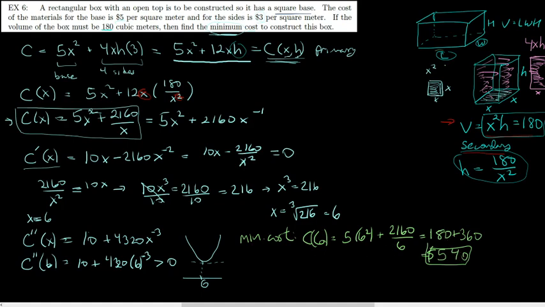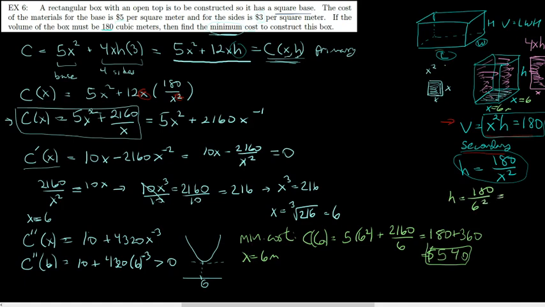Now, they didn't ask us this, but they could in some questions. What are the dimensions of the box? Well, we already know that the base, the x's here, are going to be 6 meters. So x is going to be 6 meters. And then h, how do we find h? Right here, we have the formula for it: 180 divided by 6 squared.